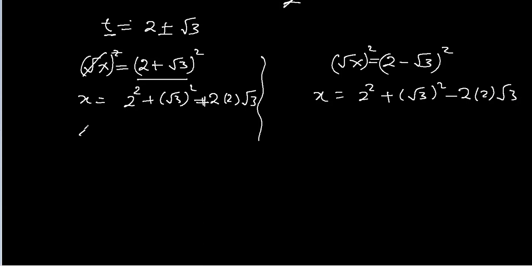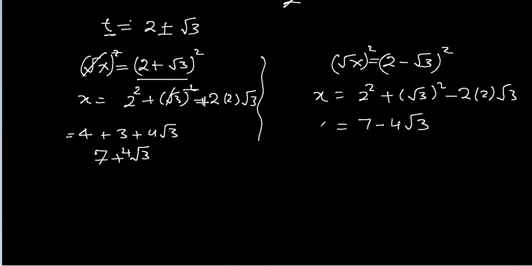So here it becomes 4 plus, this square root and square cancel, 3 plus 4 square root 3. That is 7 plus 4 square root 3. Here we get 7 minus 4 square root 3. And if we want to combine both, we'll get 7 plus and minus 4 square root 3. This is the solution of f(x) equal to 0.